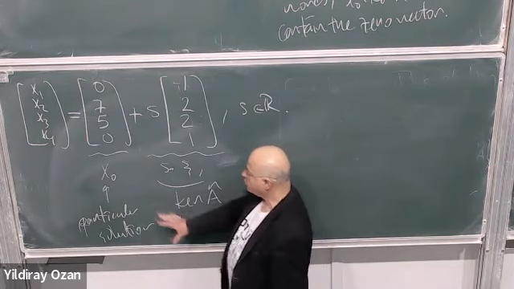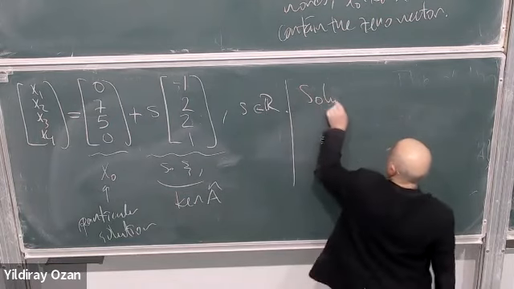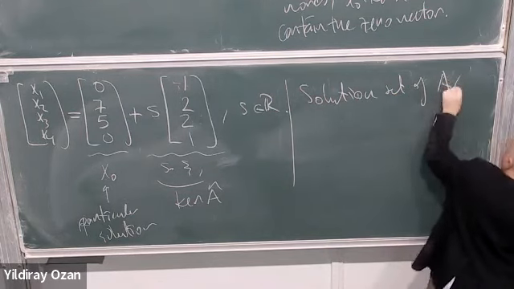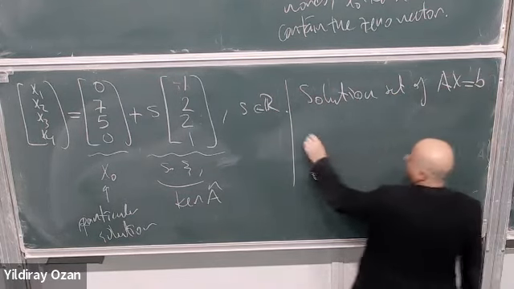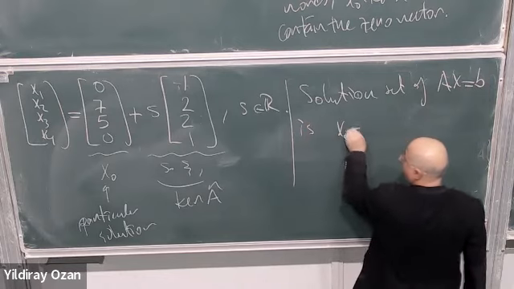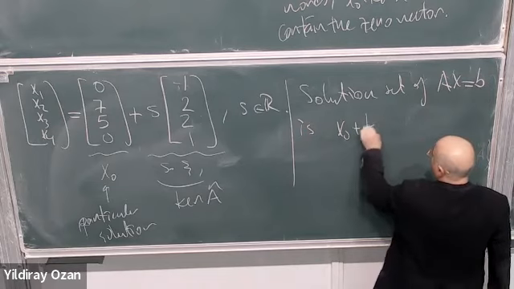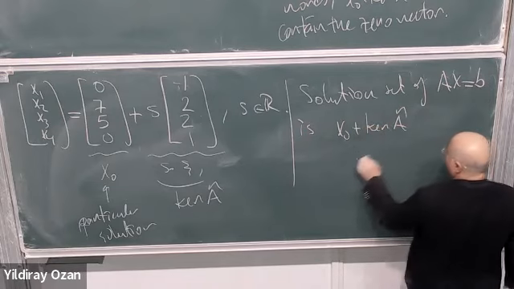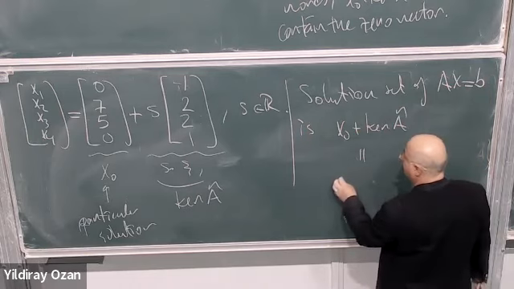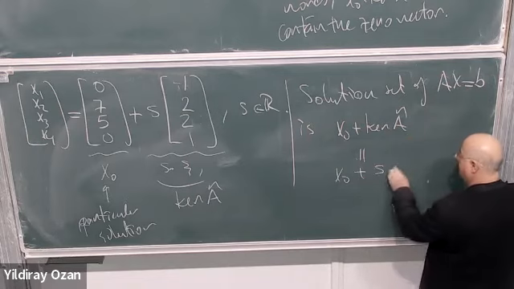So all the solutions, the solution set of AX equals B is just X0 plus kernel of A hat, which is equal to X0 plus S times C.